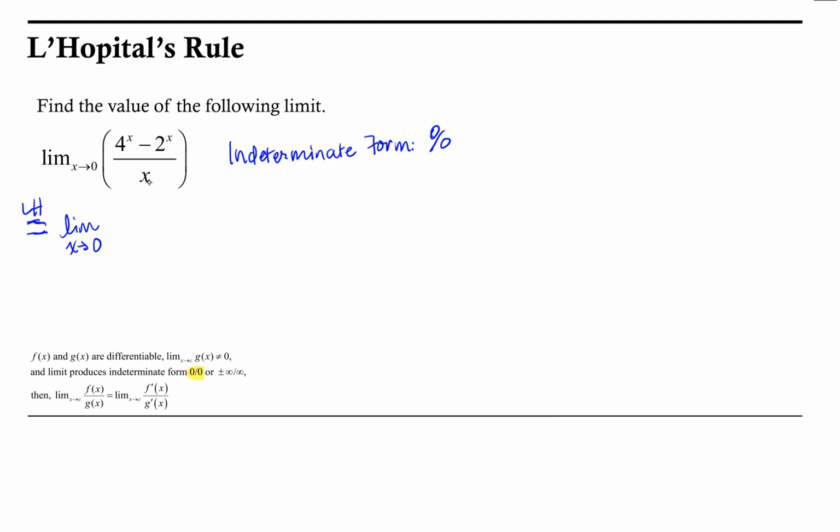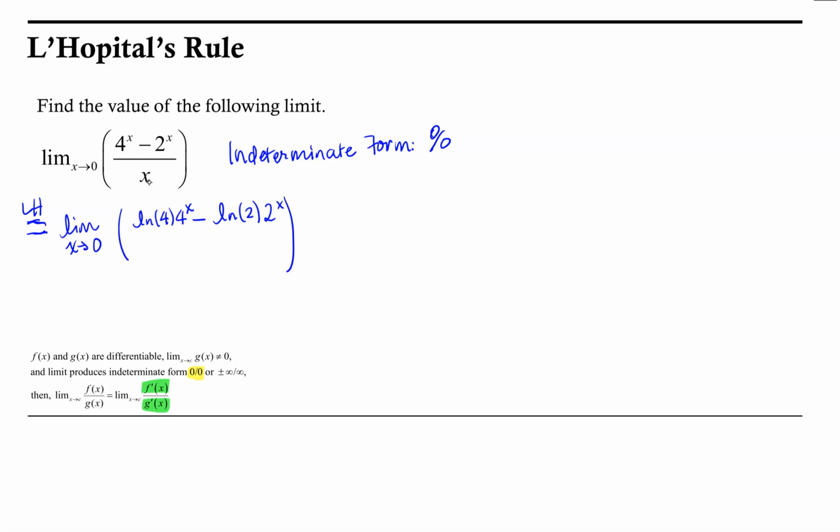L'Hopital's rule is that we take the ratio of the derivative of the numerator over the derivative of the denominator. So the derivative of our numerator, the derivative of 4^x is the natural log of 4 times 4 to the x minus, and then the second term, that derivative will be the natural log of 2 times 2 to the x.